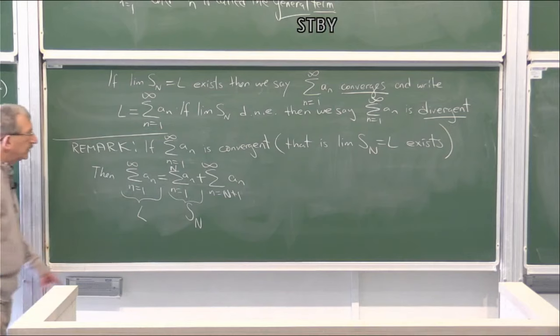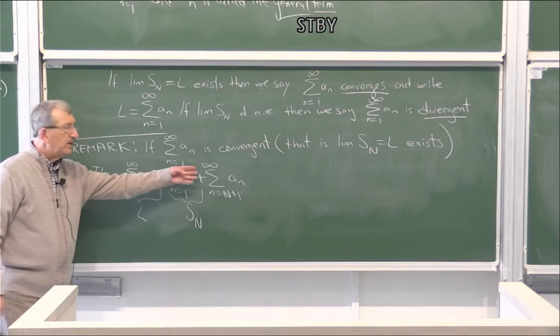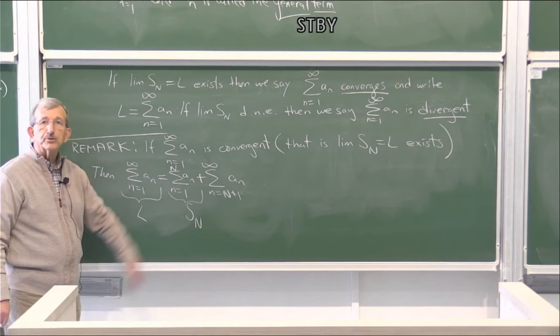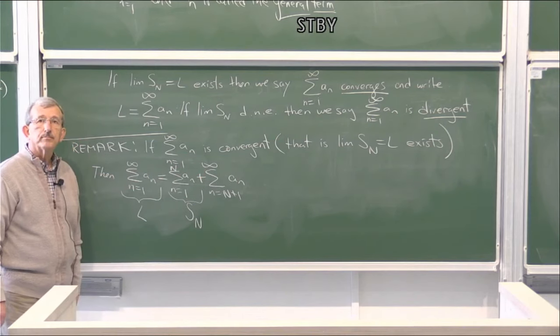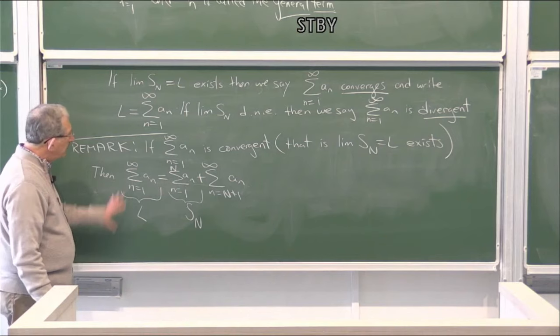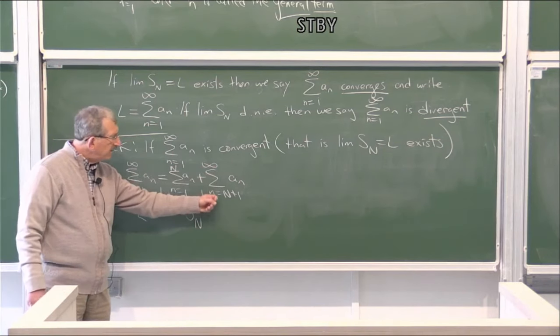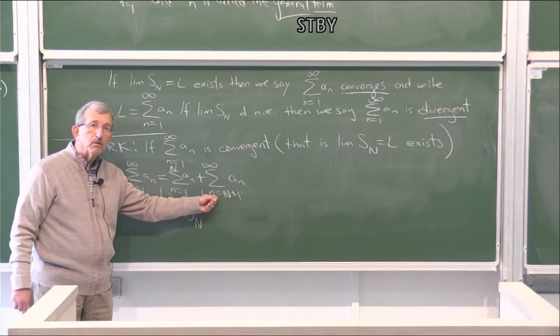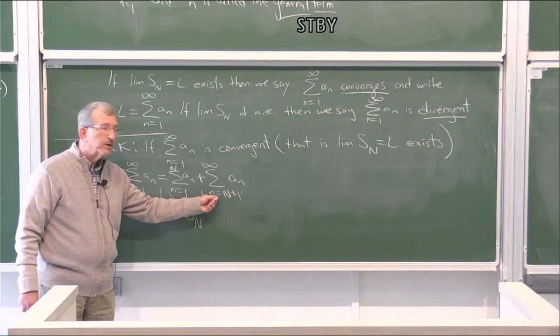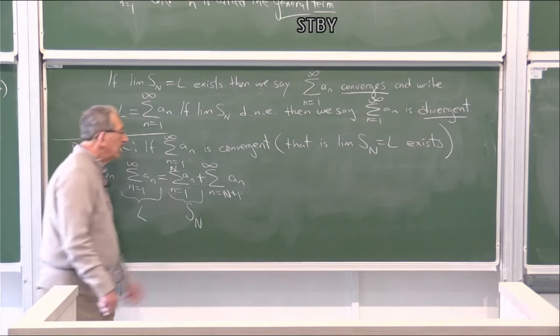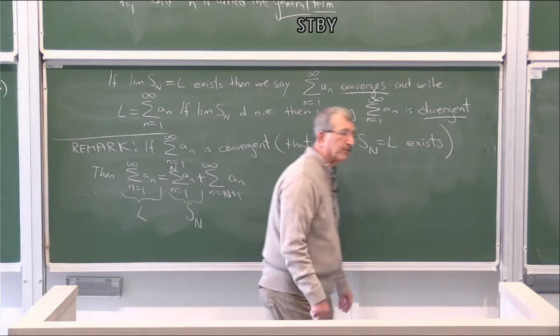So, what happens to the far right term? It must go to 0. Actually, in this case, this is L, this is a finite sum, this is an infinite sum, but it's very small. It must go to 0 if n becomes larger and larger. This is sometimes called the error term.